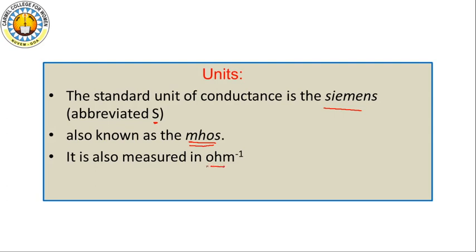You can write the conductance in ohm inverse when we do practicals, and most of the time in our textbooks, with specific conductance, they make use of this unit. Ohm inverse is used, and Siemens is used as the SI unit, and the symbol used is S.